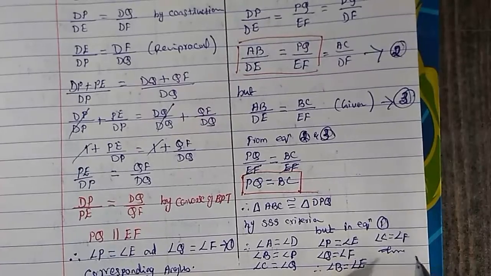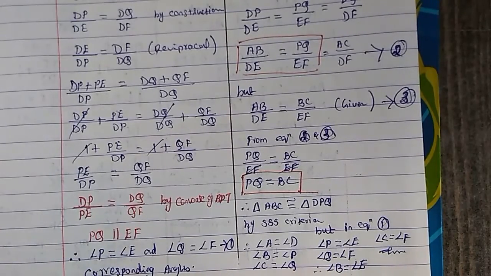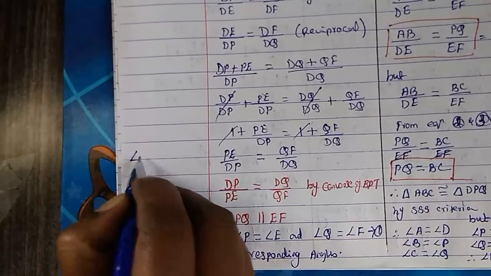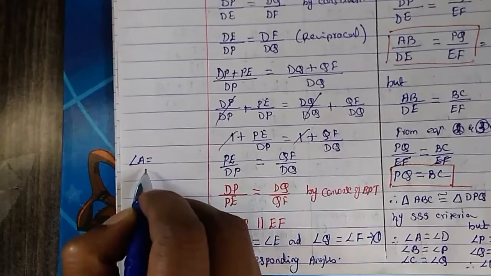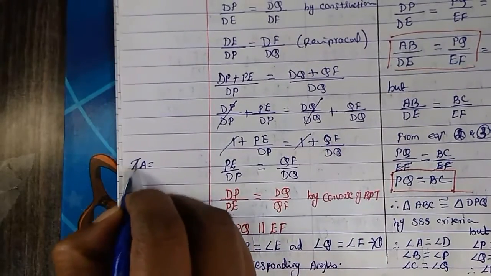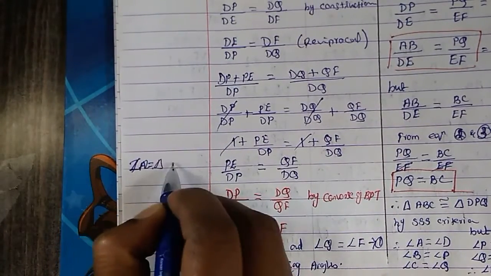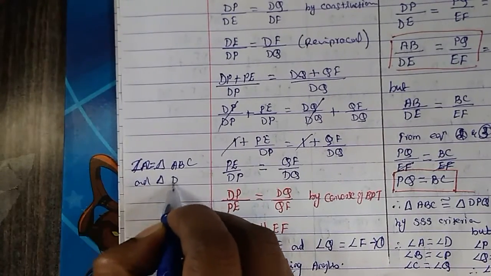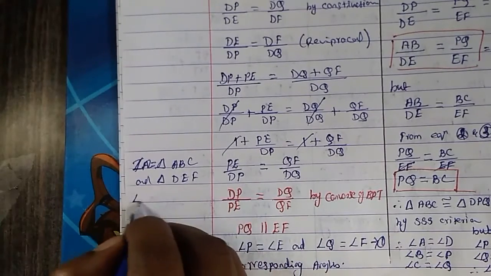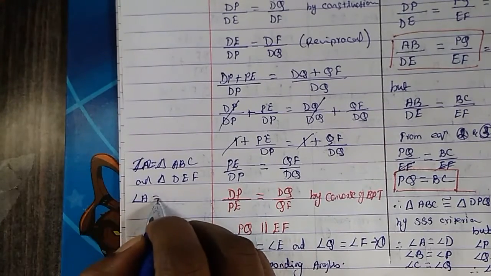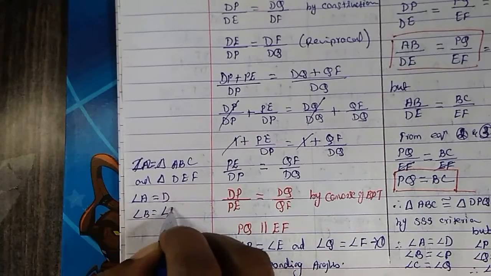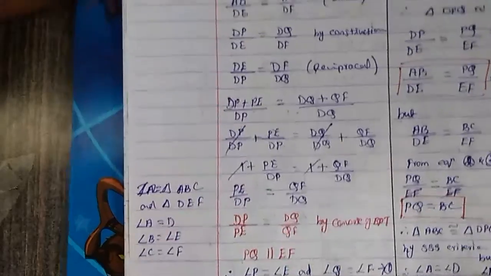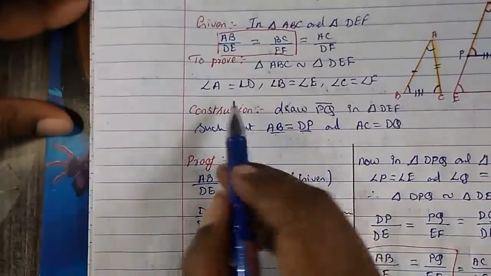Thus, I'll just write down here. Thus, in triangle ABC and triangle DEF, the big triangles, angle A is equal to angle D, angle B is equal to angle E, angle C is equal to angle F. So we have proved here all three angles are equal.